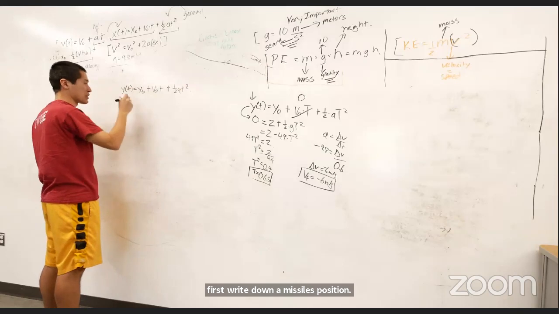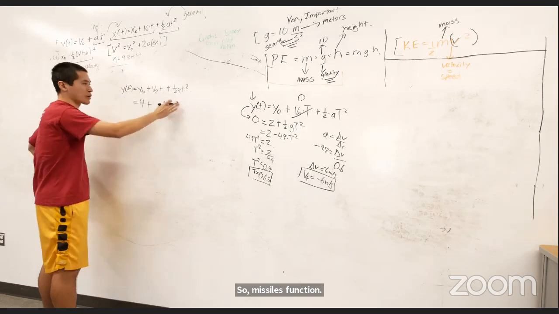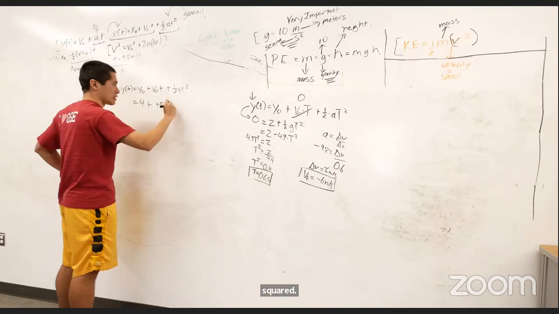The initial position is 0 because it's fired from the ground. Its initial velocity is 4. And we're ignoring gravity for this missile because I said to. So it's going to be 1/2 times 11, I think, so plus 5.5 t squared. And that's y of t.